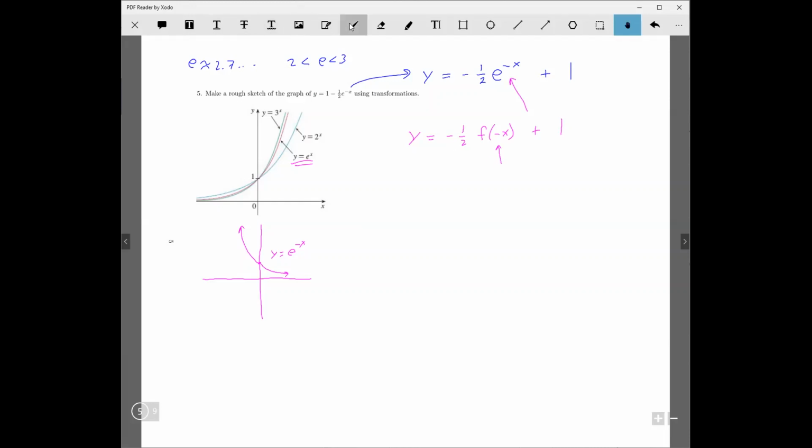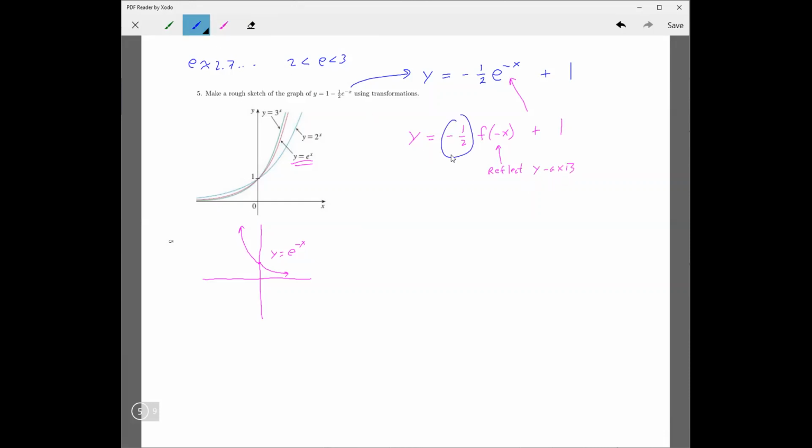Once again, this is reflection through the x-axis because that's negative, and shrink by 1/2.